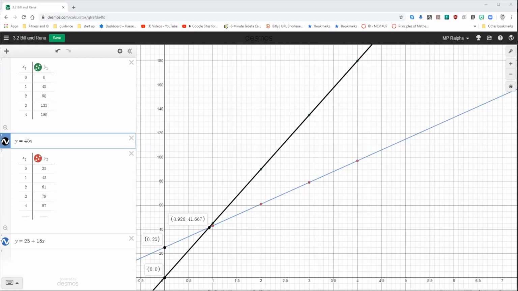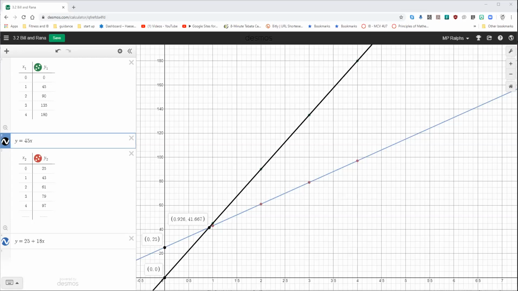The X value, the first value, is 0.926 hours. Now, it didn't work out perfectly. I could have changed one of these values so it intersects a little bit nicer than this. But 0.926 is 0.926 hours, and 41.667 is the amount of money charged for each of those services.